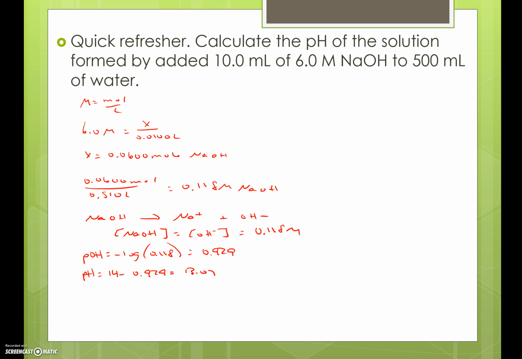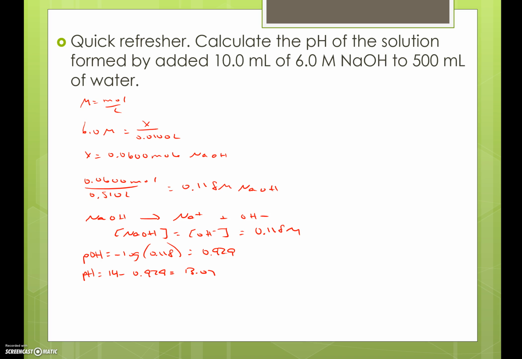So to calculate our new molarity, we'll take the 0.0600 moles of sodium hydroxide, divide it by the new volume, 0.510 liters, and that's going to give us a new concentration for our sodium hydroxide of 0.118 molar.